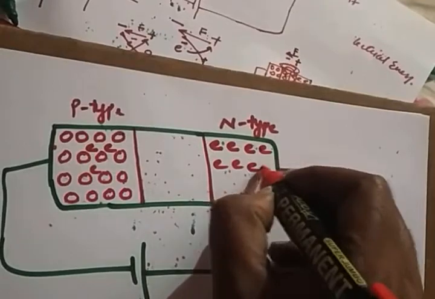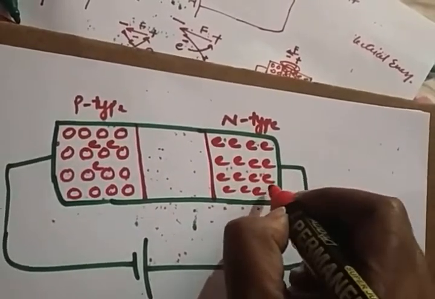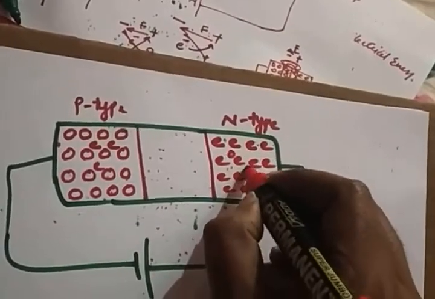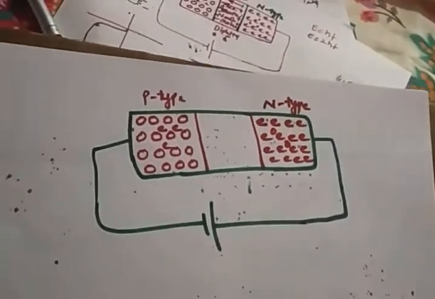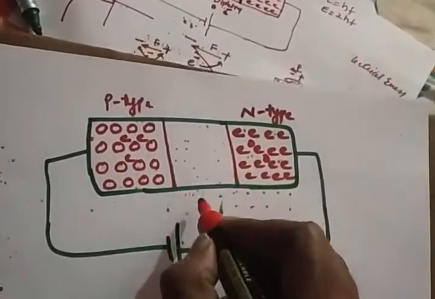So if you connect it in reverse bias, this we can call a depletion layer.